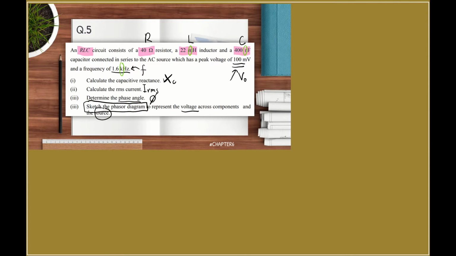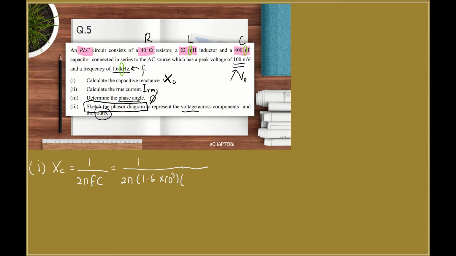So we go to the first question, to calculate XC. We just use the basic equation, XC equals 1 over 2 pi fC, and substitute all the values. Make sure you substitute the correct values. Frequency is 1.6 kilo, times 10 to 3.